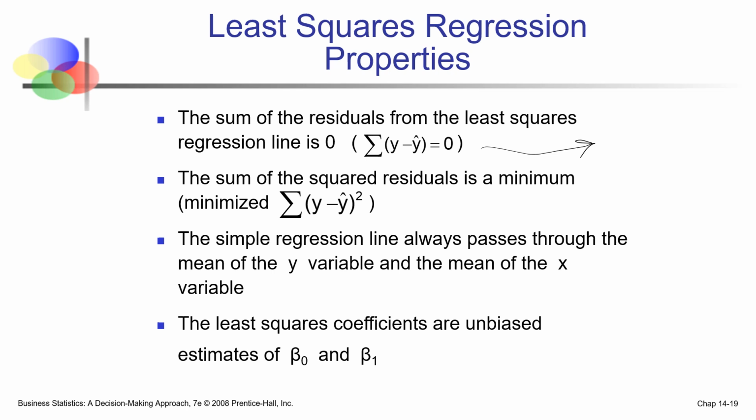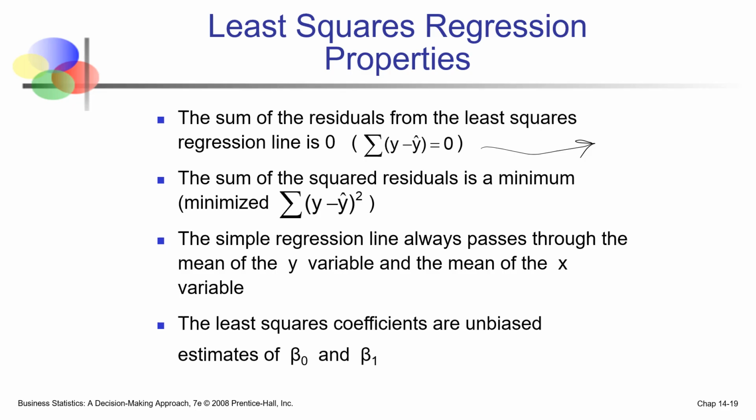So the sum of the residuals from the least squares regression line is zero, and the sum of squared residuals is minimum. You can say these are the assumptions of least squares regression. If you want to test, you can easily test. I can go through it in the next workshop. If you have the regression model, you can use the original y value minus y cap.